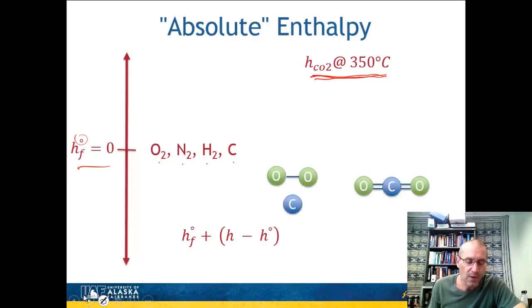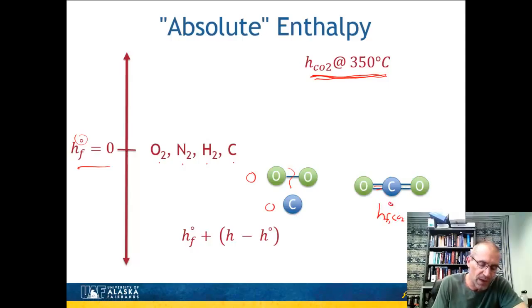Now, if I wanted to determine the enthalpy of formation of CO2, I would take my carbon, with an enthalpy of formation of 0, and an O2 molecule, enthalpy of formation of 0, both at 25 degrees Celsius. I would break that bond, and then form these two double bonds, and that would give me the enthalpy of formation of CO2 at 25 degrees Celsius.